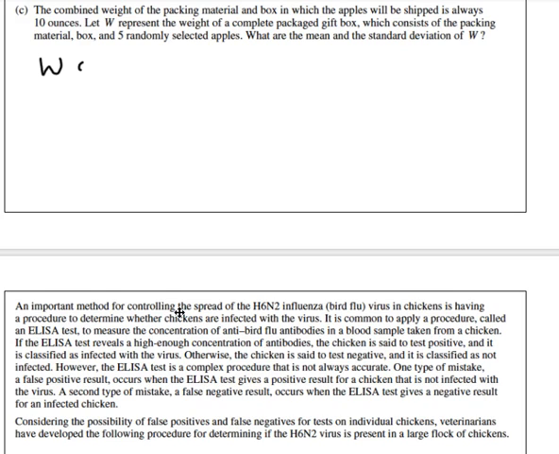So W will still be normal, right? Because if I just take a normal curve and add the same amount to every value, it's still normal. Now, the cool thing is it says it's always 10 ounces, so I'm just always adding 10. There's no variation to the packing materials in the box.